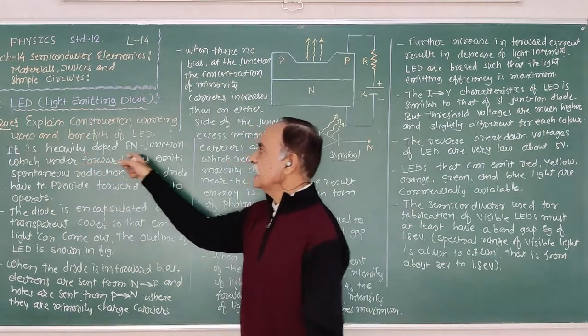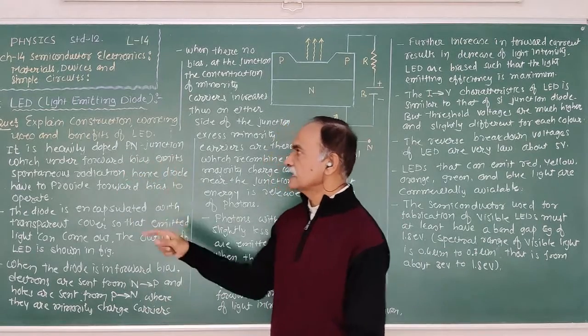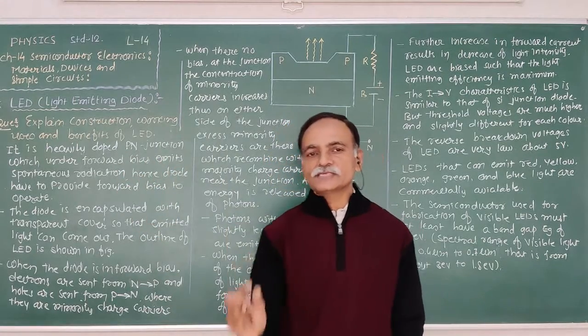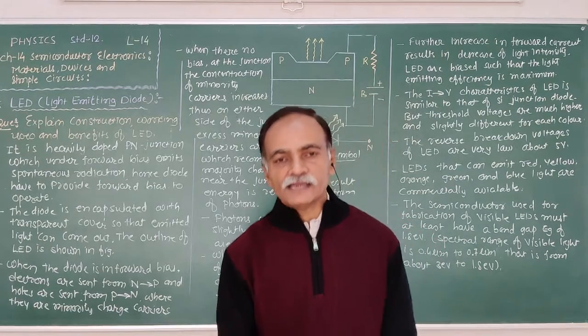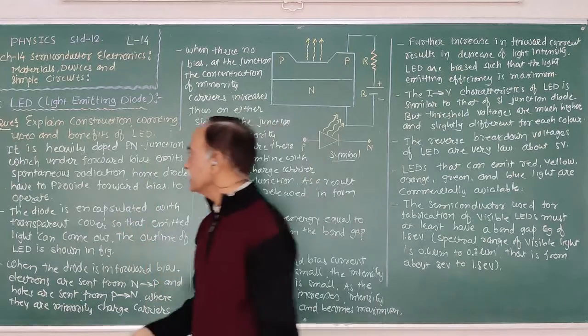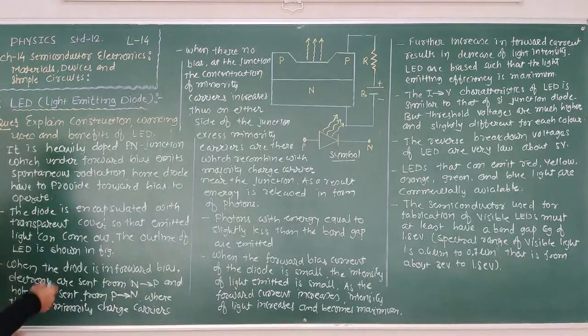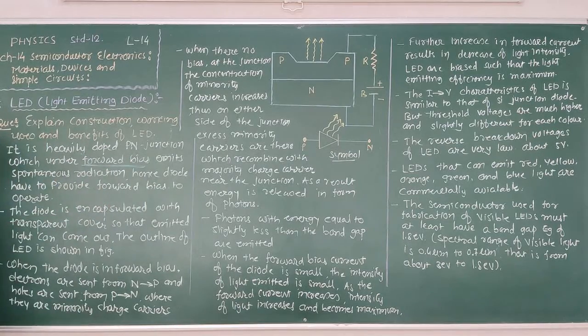Thus, it is a heavily doped PN junction under forward bias. So keep in mind that the LED is always connected in forward bias, which emits spontaneous radiation.